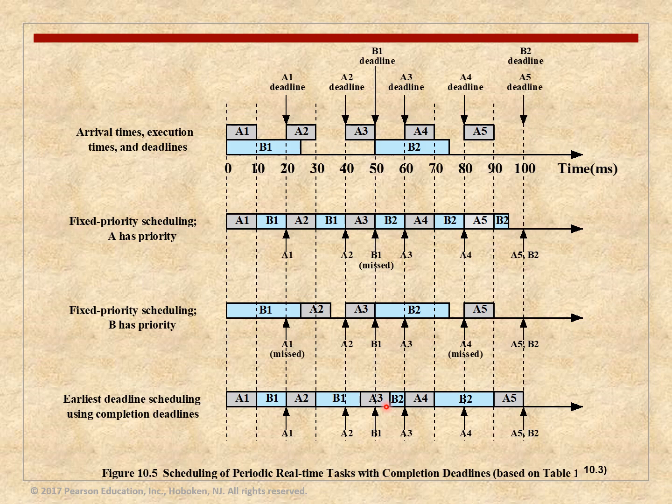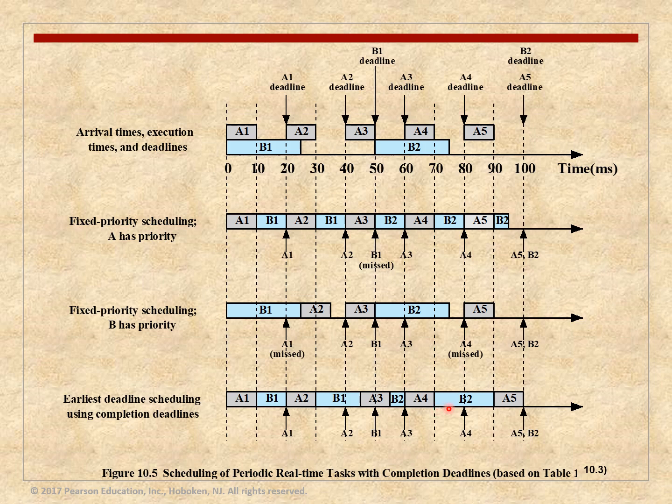Then B2. B2 executes until time 60 and then we have A4, right? So we compare A4 and B2. Which one has the nearest deadline? A4. Then we preempt B2 and bring in A4. A4 will continue until finish at time 70, and no one else is here, so we just continue with B2.